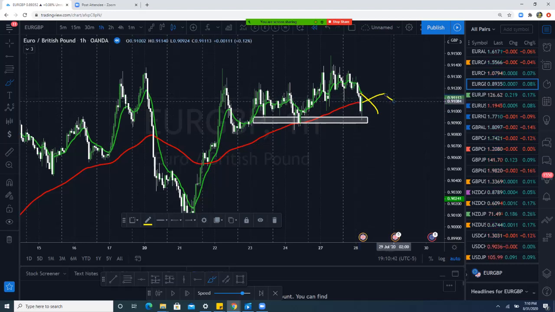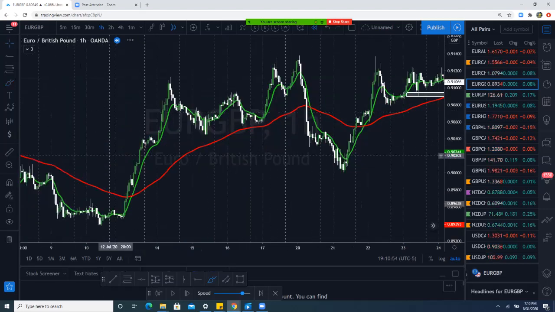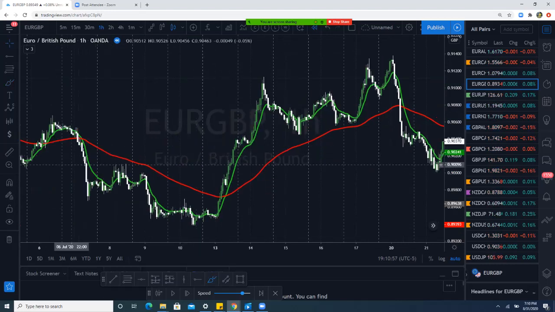So as it's starting to move down, price is going to move down with it. And what you're going to get is something like this. So let me mirror that so you can see it.